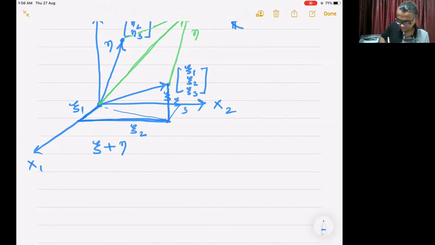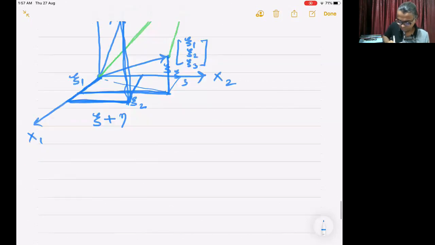Similarly for eta: this length here is eta1, this length here is eta2, and this length out here is eta3.